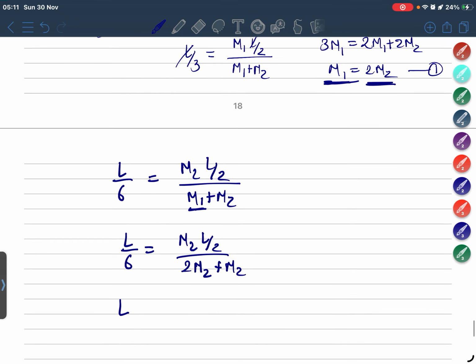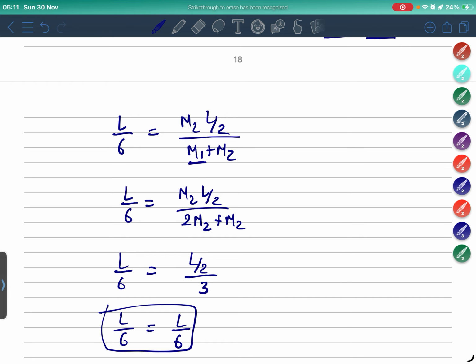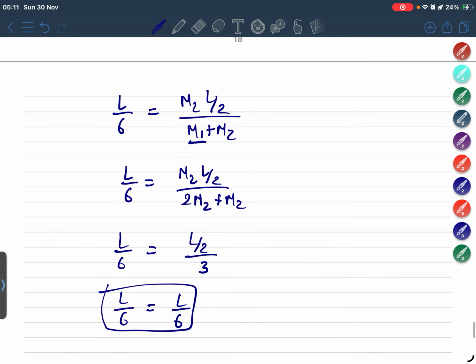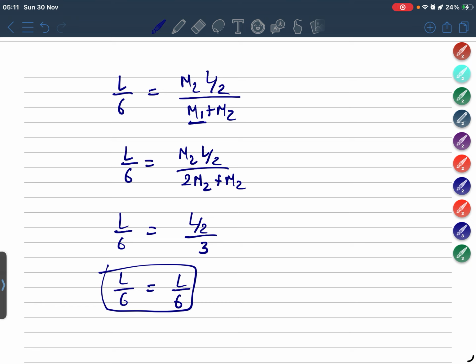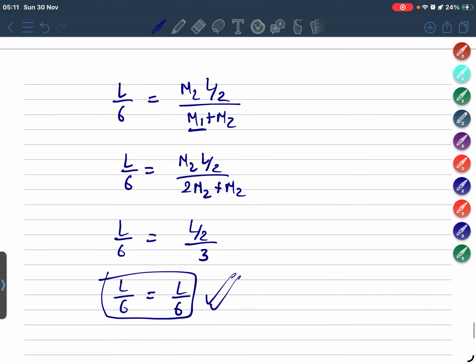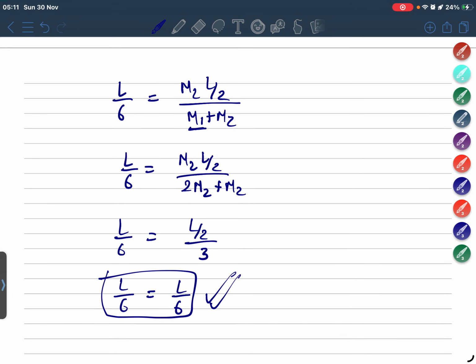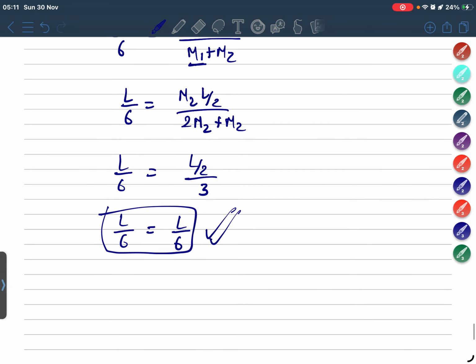From here, as you can see, L by 6 equals L by 2 divided by 3, which is L by 6 equals L by 6. So this option satisfies both conditions, which I got by solving the generalized center of mass, taking moments about the origin. Hence this option is correct. You can do it for the other options also, and you will find that the condition will not be equal for both equations. So this is method 1, a very common method.